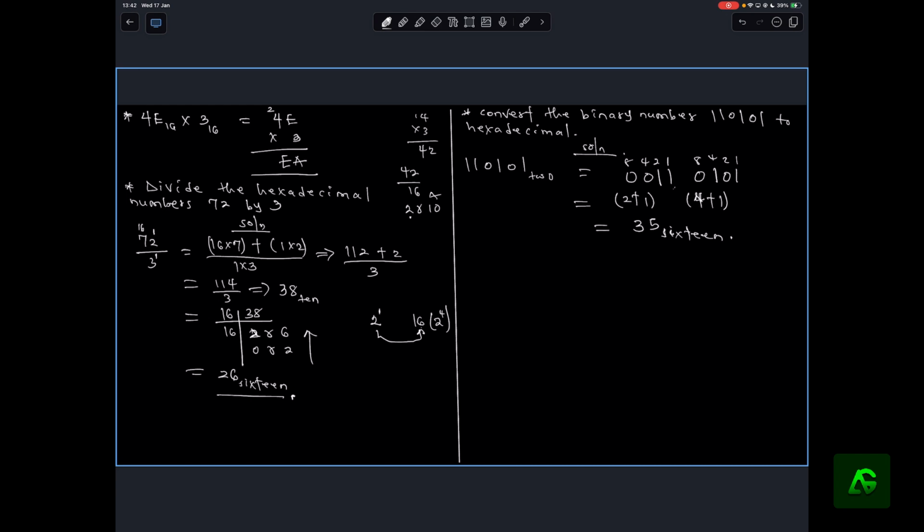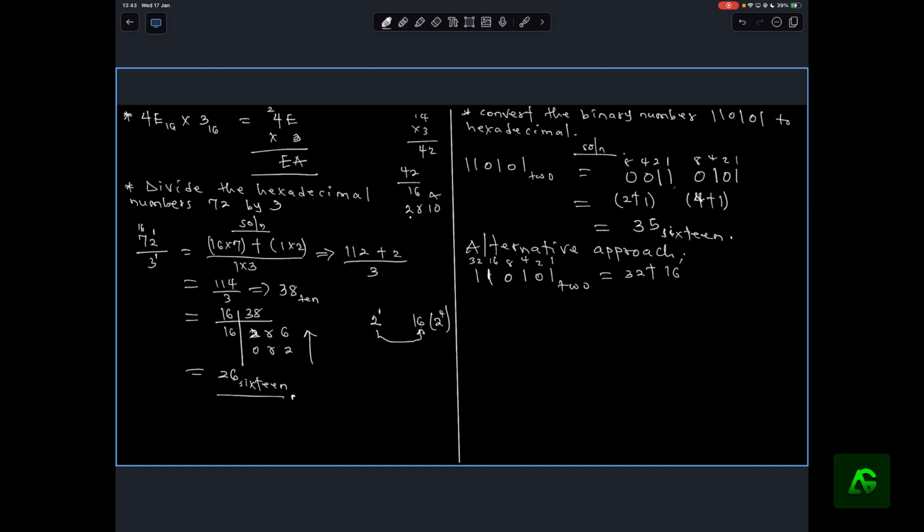So let us look at the alternative approach. If I have 1 1 0 1 0 1 in base 2, now I want to take this one to base 10 first. Using the weight approach, this will be 1 2 4 8 16, then here is 32. So 32 times 1, 32. 16 times 1 is 16.